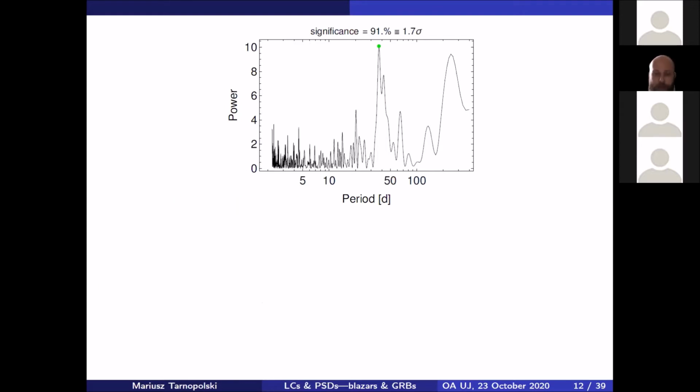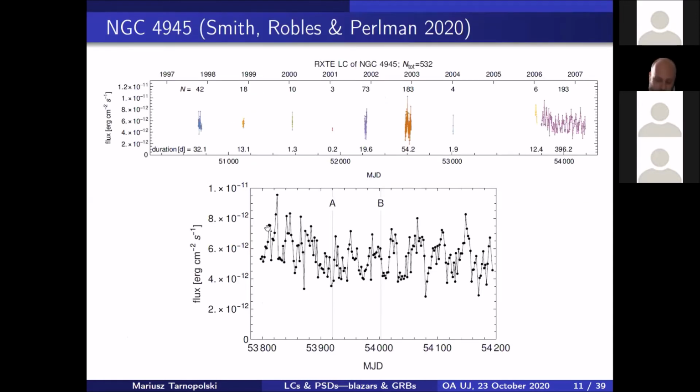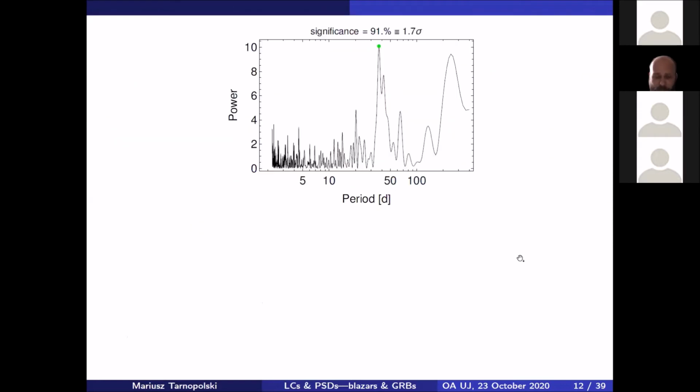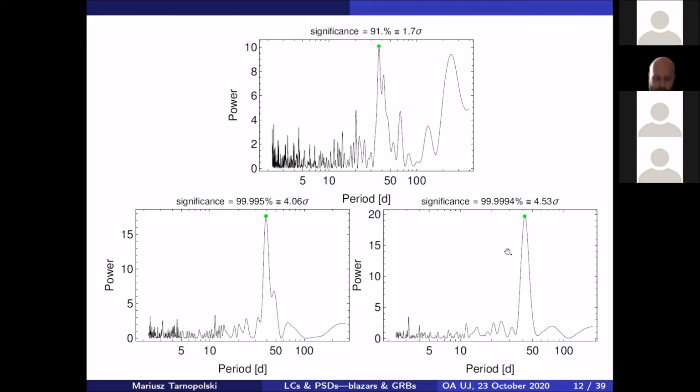But actually, the authors themselves considered the last segment starting from point B here, lasting about 190 days. And the LSP of this part reveals a peak with about a 4.5 sigma significance.